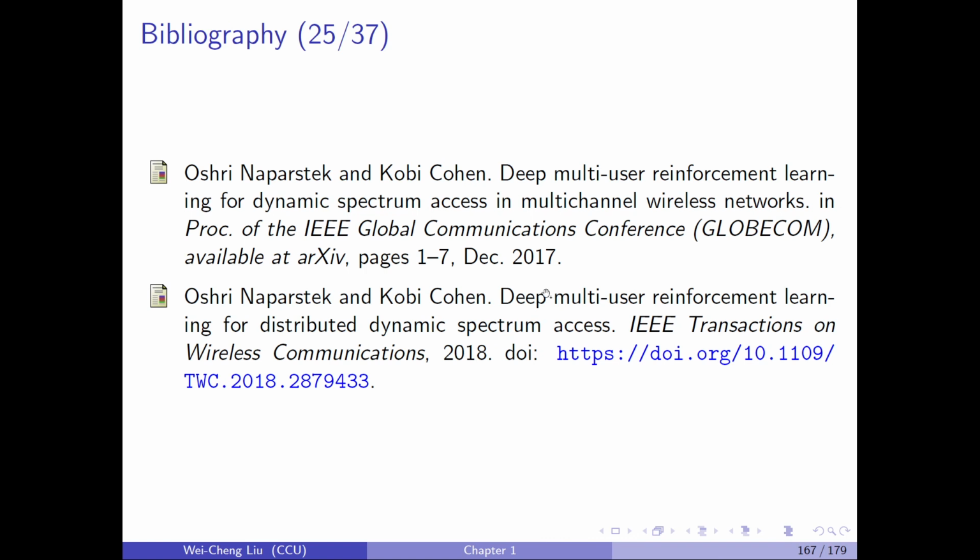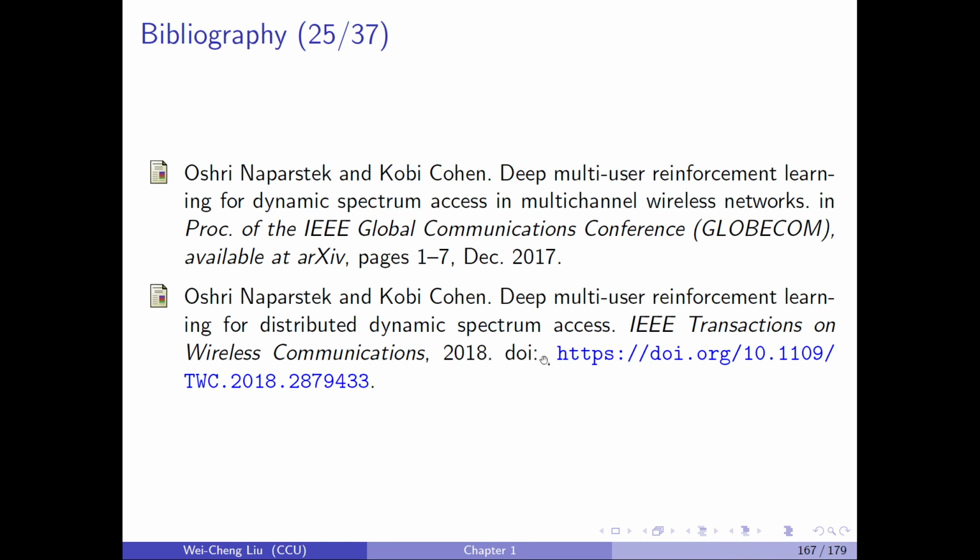This one, Naparstek and Cohen. The paper title is Deep Multi-User Reinforcement Learning for Distributed Dynamic Spectrum Access, which is published in IEEE Transactions on Wireless Communications in 2018.